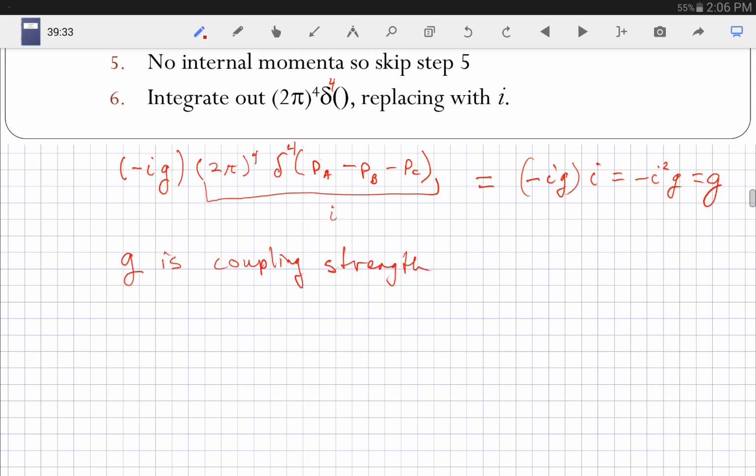Why does it matter that we follow this specific order? The order is not important until you get down to the integral. So, for instance, you could have done this and this together at the same time. It would make more sense to me to put minus iG times (2π)^4 times the Dirac delta to the 4th, all in one step.